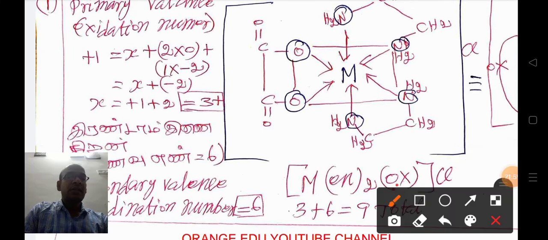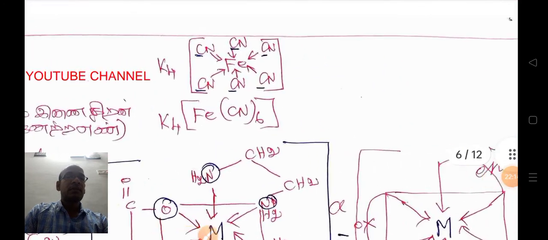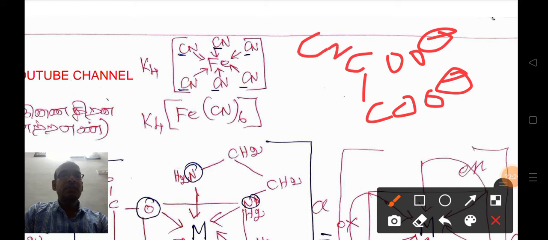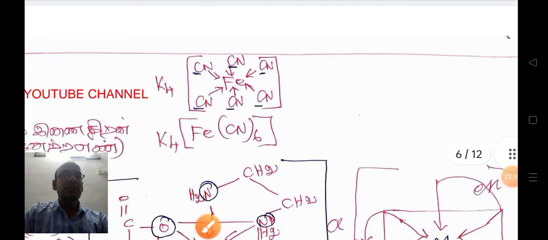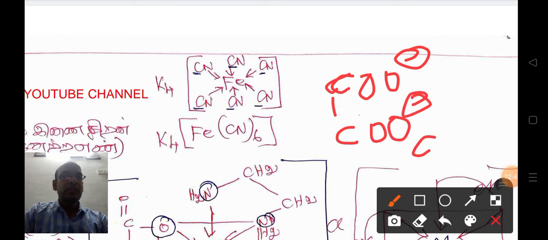The oxalate formula is COO minus COO minus, that is simply C2O4 2 minus.